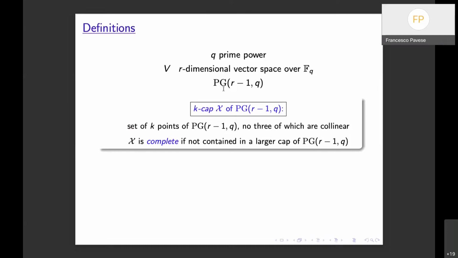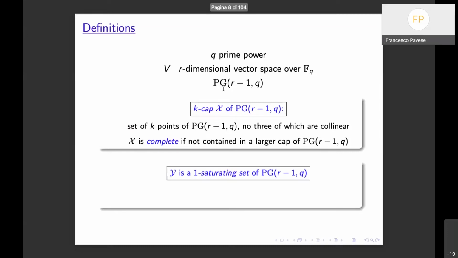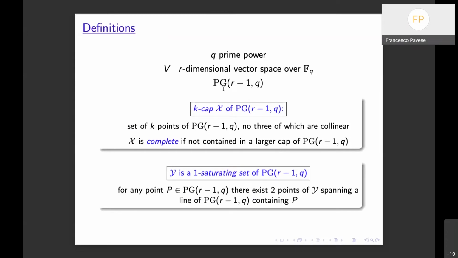And so the definition of a complete cap is equivalent to the definition of another well-studied object in finite geometry, that is, the one-saturating sets. Complete caps provide instances of one-saturating sets.